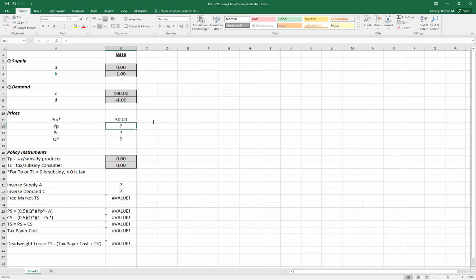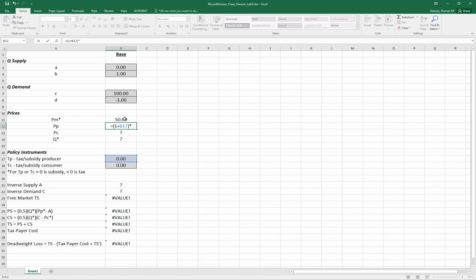So we're just going to fill in a little bit of this stuff. We have the market price being calculated for you. We could keep going and say, well, we know the producer price is going to be equal to 1 plus the producer tax subsidy rate multiplied by PM.